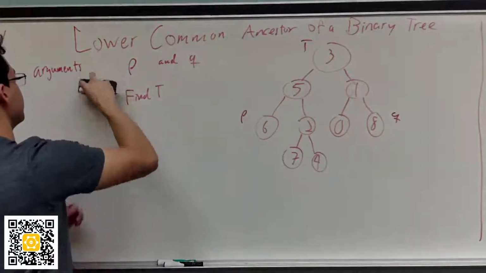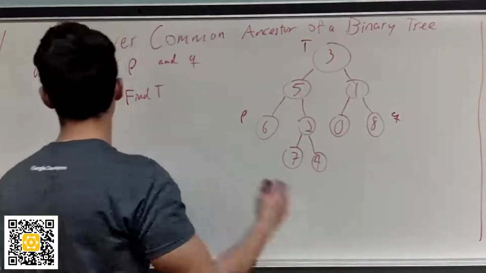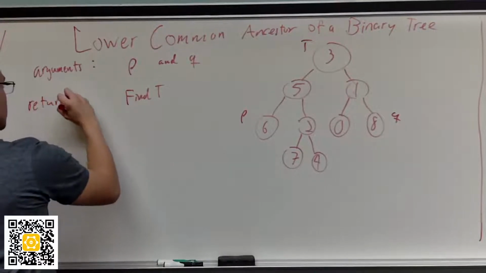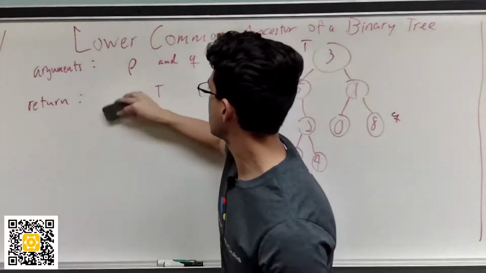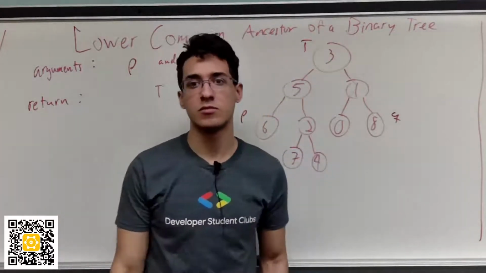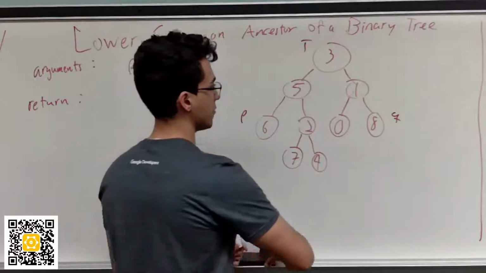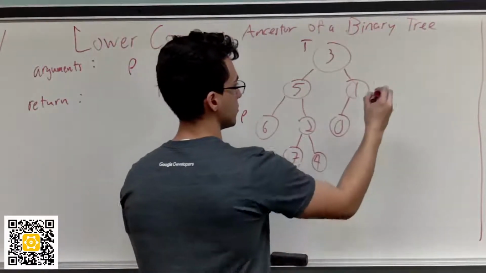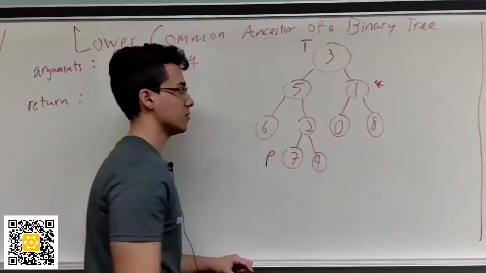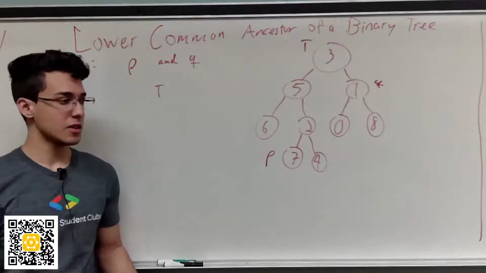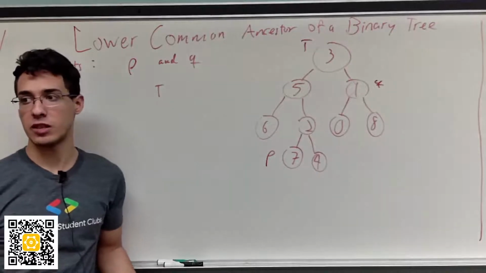And then you return T. You could have a case where Q is here. Let's say P is here. They don't have to be the same level. Still, you find a solution that should work regardless of them being in different levels.